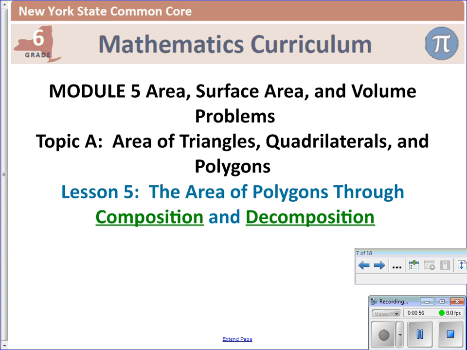You're putting all your words together to combine to equal one big composition. What does decomposition mean? If composition is putting it together, decomposition means taking it apart. We're going to take it apart and look at the different pieces.